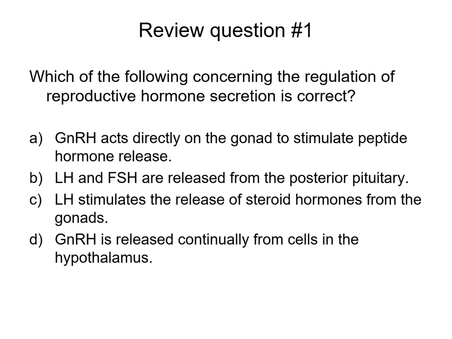Similarly, that's why B is wrong as well, because LH and FSH are released from the anterior pituitary. And then D is wrong because GnRH is not released continually. GnRH undergoes different changes in its frequency and amplitude of release in the hypothalamus based on different conditions. So the answer is C.